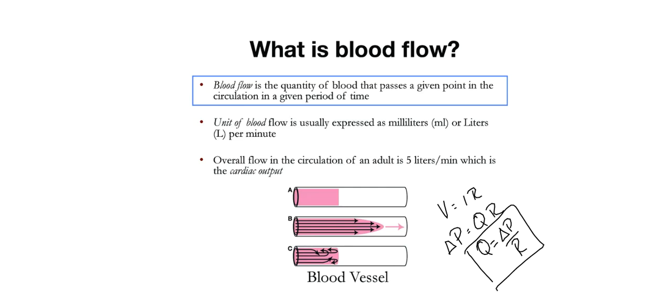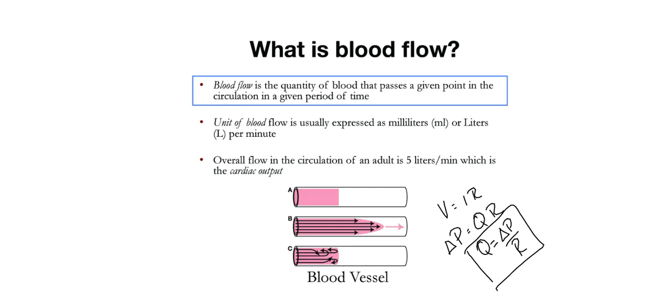If you increase the resistance, what happens to flow? It would slow down if your pressure stayed constant. Okay? What happens if you increase your pressure difference between the 2 points? Assuming your resistance didn't change. The flow would increase. Okay? More pressure behind that flow will increase the rate that blood is flowing.